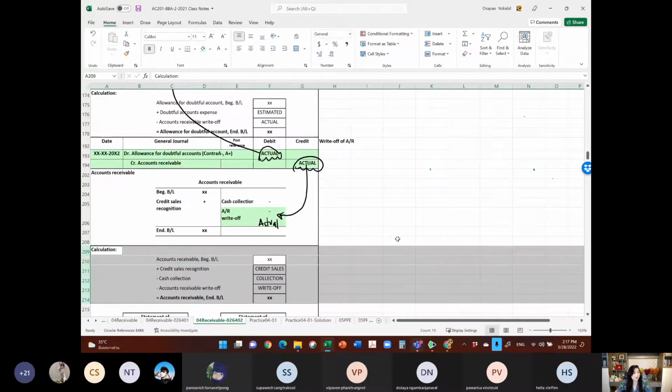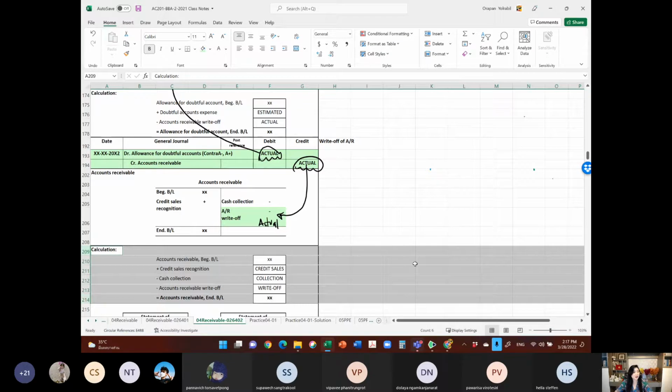Okay? Now for the calculation of the receivable. You start out with the beginning balance of the receivable, and then when you make credit sales, you have more receivable, right? And when you collect the money from the receivable, then you have a reduction in the receivable. And then, when you write off the actual loss, the accounts receivable would then be reducing.